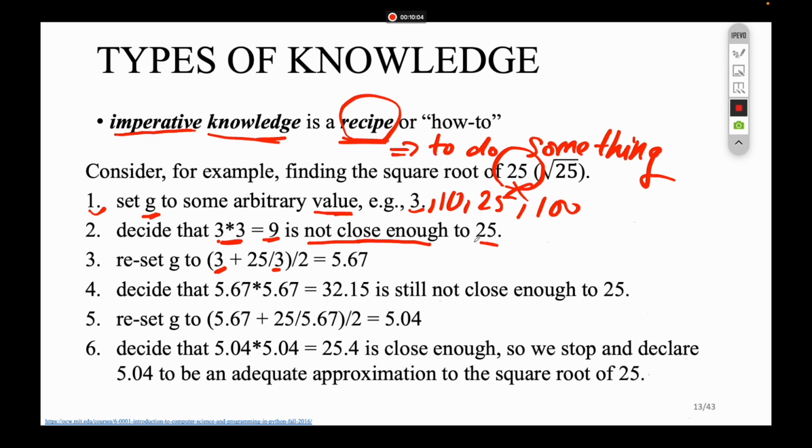All right, so you can say this formula is: we have h here, and y. We have y plus h divided by y, and then we get the average.